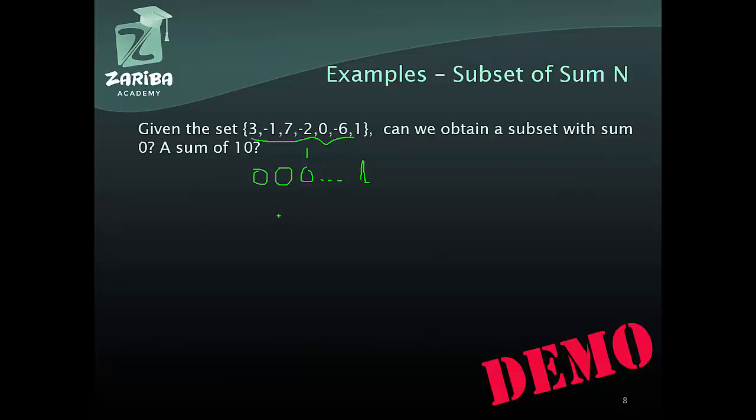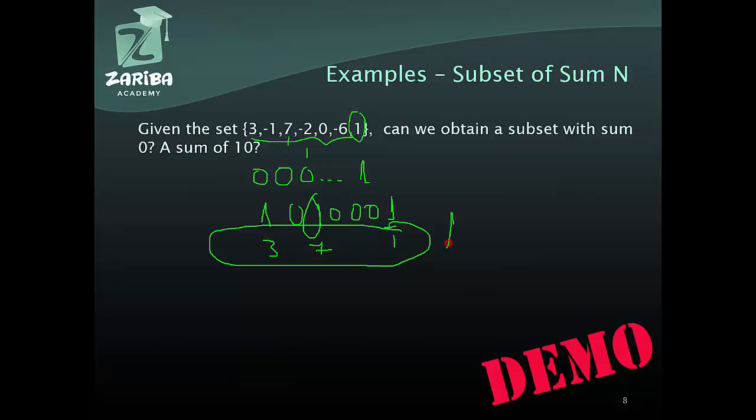Say that we have something like 1 0 1 0 0 0 1. If we have a 1 in this number, then we take the element. So this is going to be the 1, this is going to be the 7, this is going to be the 3, and we get a sum of 11.